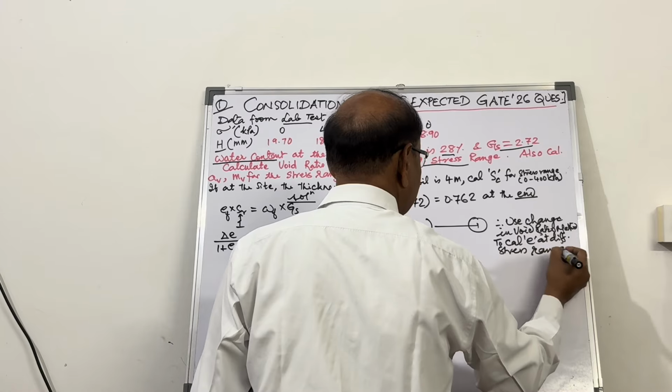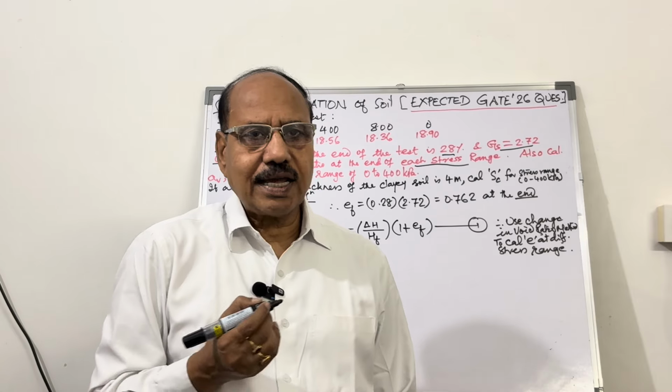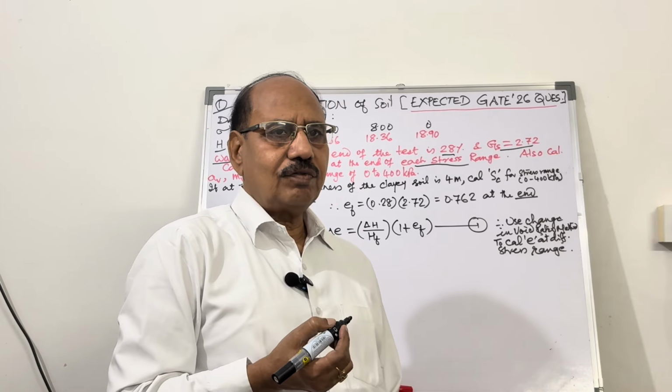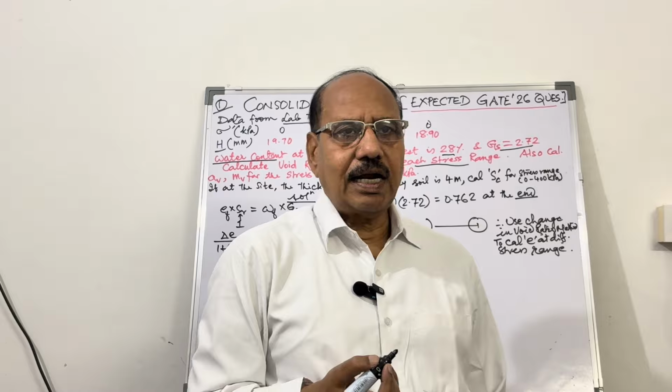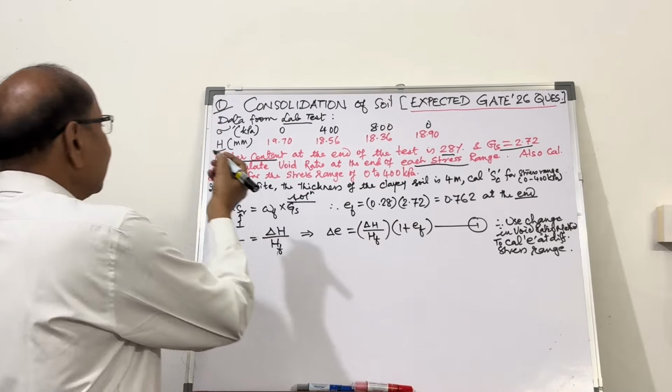It's quite simple. In a tabular form, we can do it. If you want to do it in a tabular form, you must calculate the value of delta E. So if you see the range over here, from 800 kilopascal to 0, delta E can be found out.